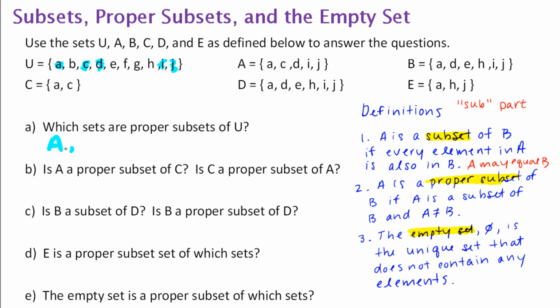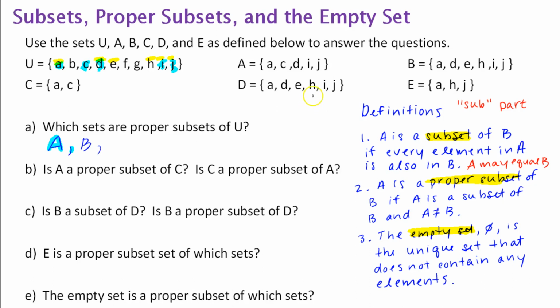Now, is B a subset of U? Well, B contains A, D, E. I'll highlight them yellow now. A, D, E, H, I, and J. So all of the elements in B are also in U. Let's write this with a pen. So both A and B are proper subsets of U.